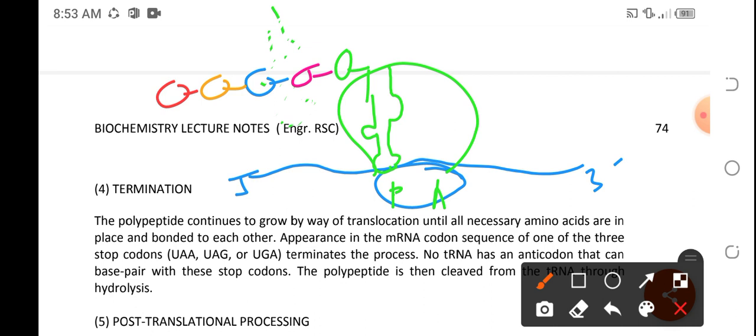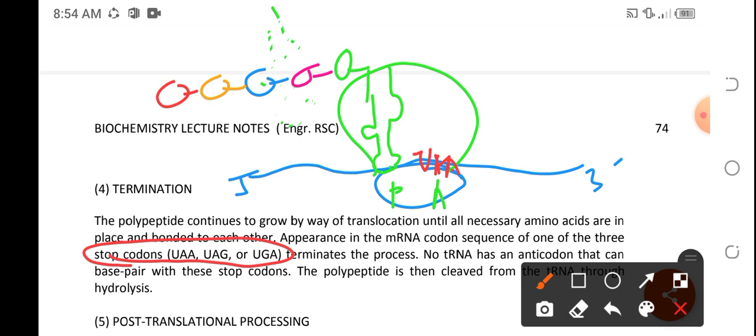Kung yung susunod na codon codes for UAA and that is stop codon, wala nang activated tRNA na pupunta rito. Kasi nga wala namang tRNA na may hawak ng amino acid para sa stop codon kasi nga this is already a stop codon.